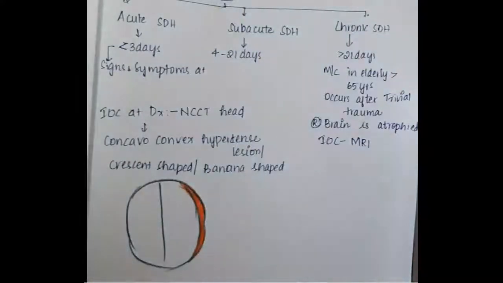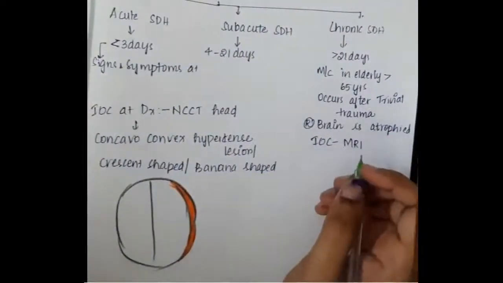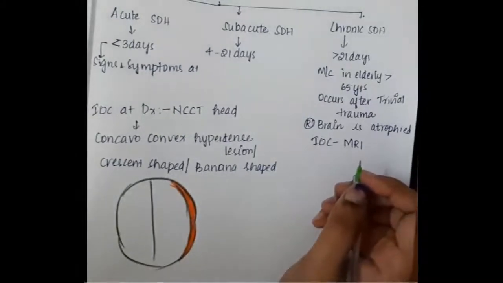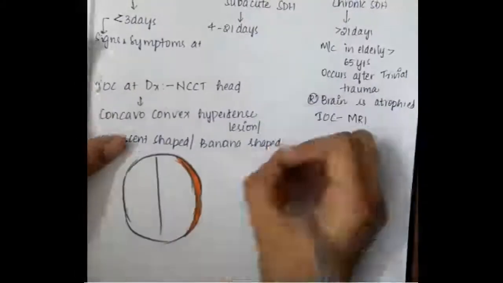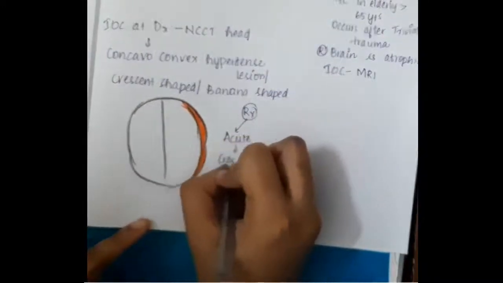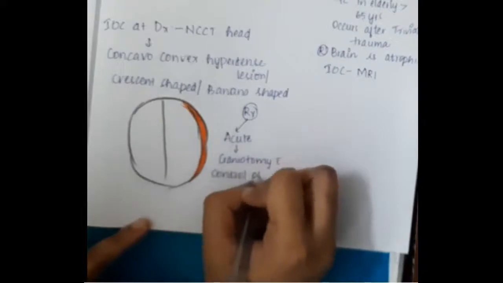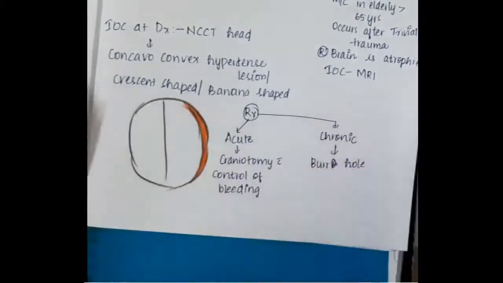The treatment depends upon acute or chronic. In acute settings, you will have to do craniotomy along with controlling of bleeding. In chronic settings, we will have to drill a burr hole.